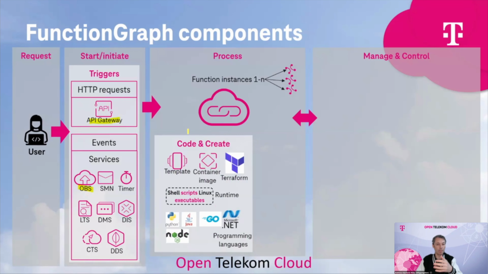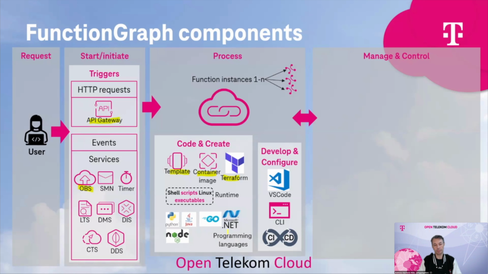We have seen that we used the template to create a new function, but you can also use container images, Terraform scripts, shell scripts, and these programming languages to develop your function. To develop, you could use CLIs, or graphical tools we provide to you in order to code your function.